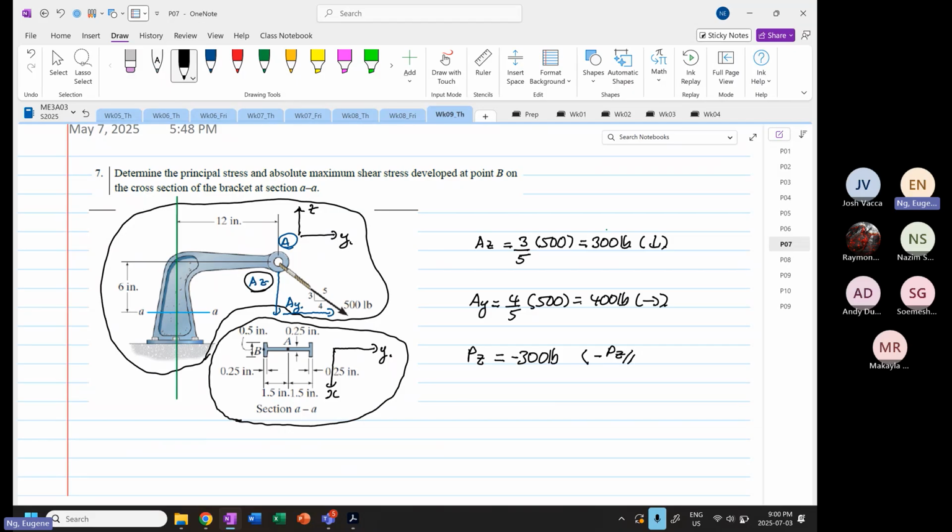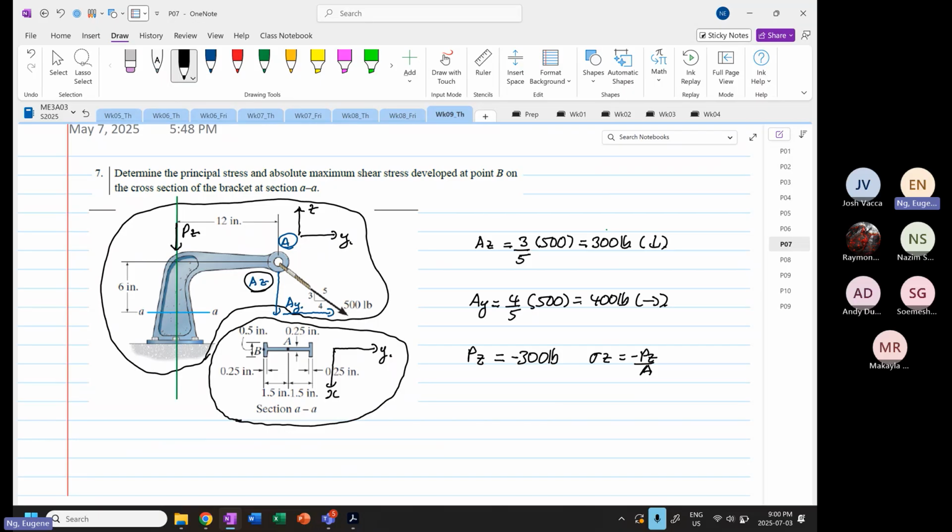We are going to calculate stress z, which is equal to minus Pz over A, and it's minus because it's going to induce a compression. So basically, we have a Pz over here.